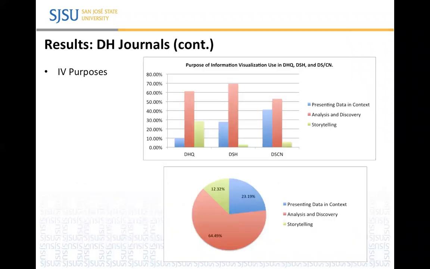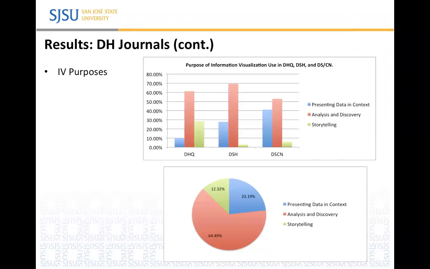And the content analysis results reveal that the purpose of analysis and discovery is most common for all three journals. So among all of the 49 information visualization related articles in Digital Humanities Quarterly, 61.2% were focused on analysis and discovery. 69.4% of the Digital Scholarship in the Humanities content was devoted to analysis and discovery.